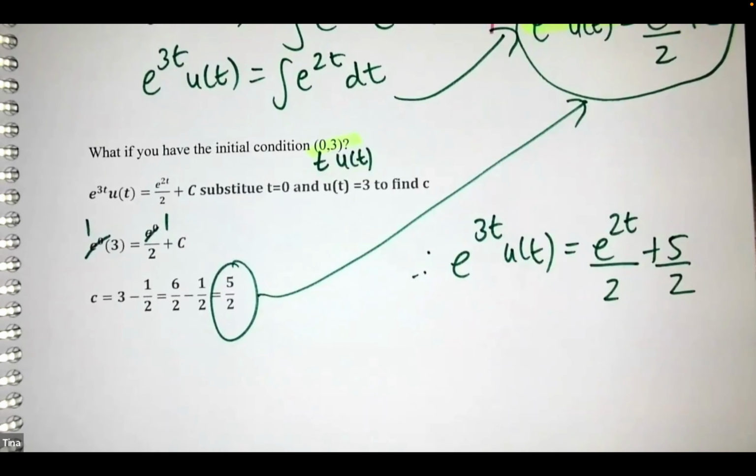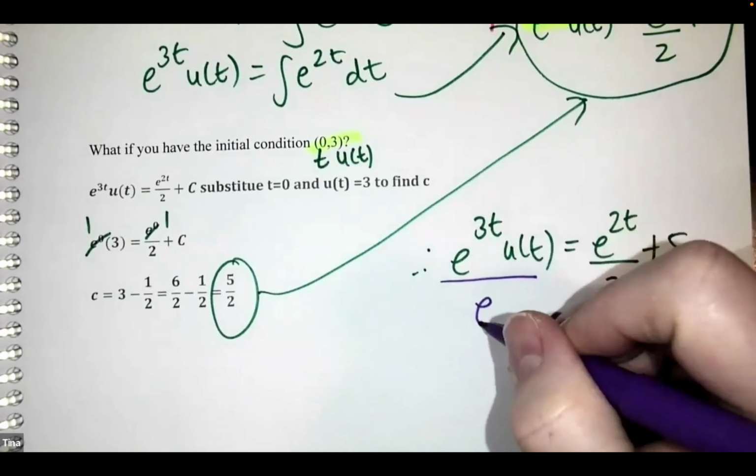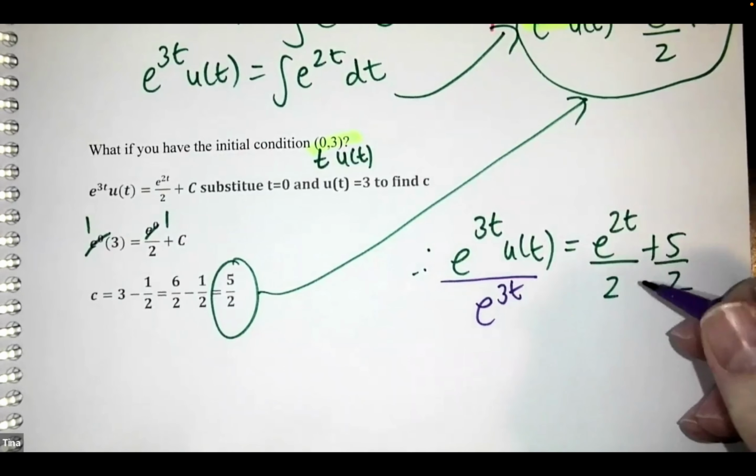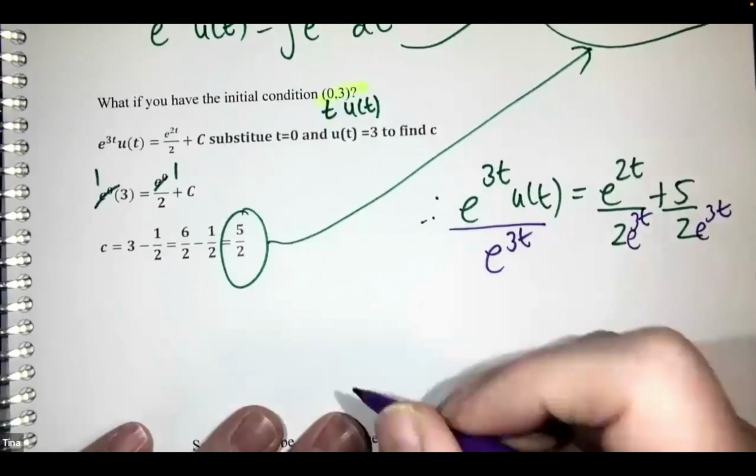So go ahead and write what your solution would be now. We divide everything by the left, which is really going to put e to the 3t on the bottom here.